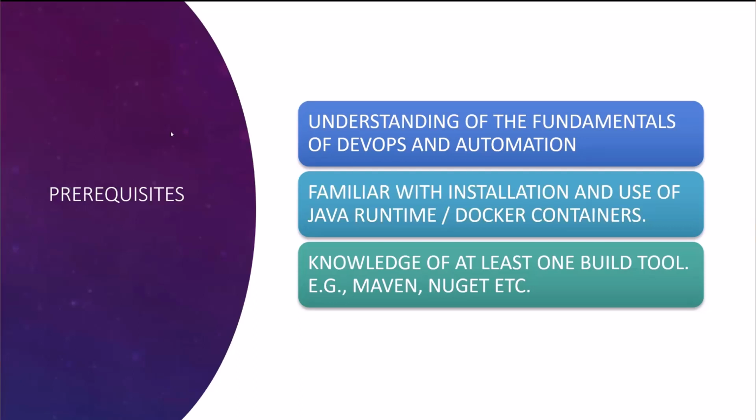Can somebody tell me the relationship between DevOps and automation? Is there any relation, or DevOps is same as automation, or there is no relation at all? Anything? Yes, automation is part of DevOps. So automation is definitely an important part of DevOps.